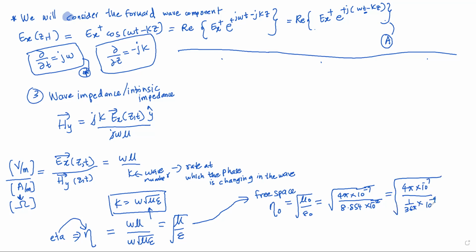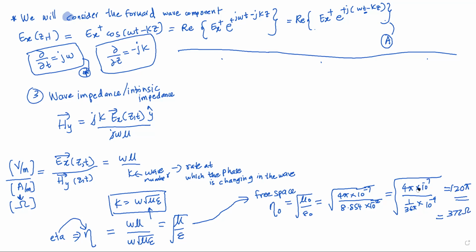So why did I do it like this? The reason is that now we have the top and bottom values of mu naught and epsilon naught in terms of pi. Once I have the values in terms of pi, I can get the output in terms of pi as well. So the output value of eta naught for free space will be 120 pi. Taking its actual value by substituting pi, it is 377 ohms.